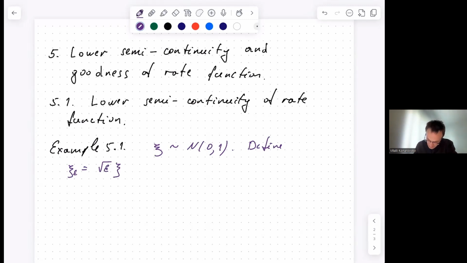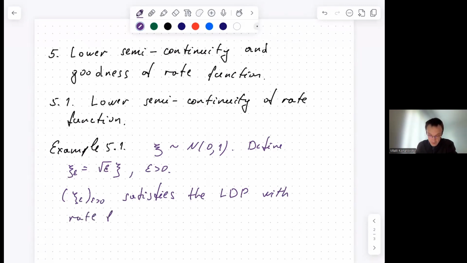And we know that psi epsilon satisfies the large deviation principle with rate function I of x equal to x squared divided by 2.